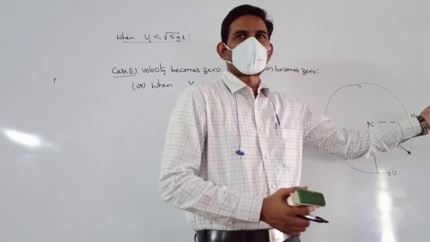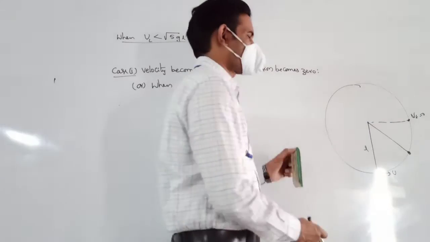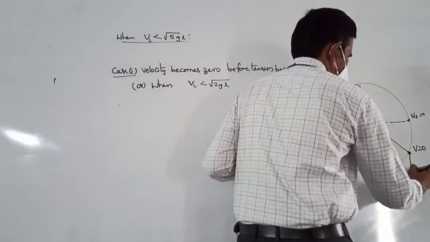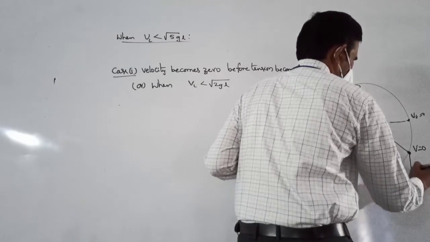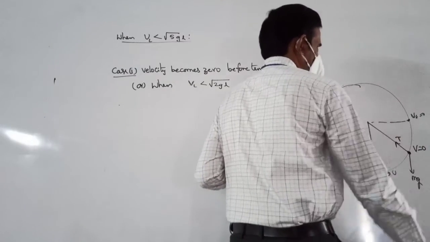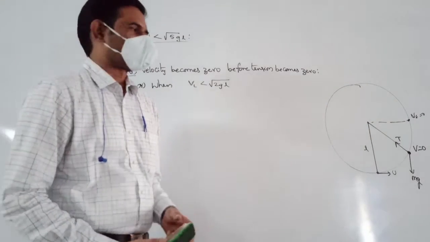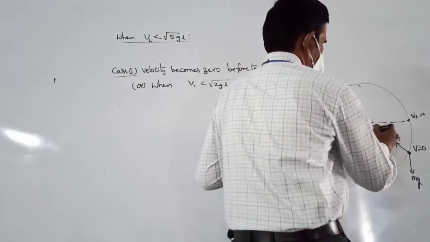But at that point, if I ask about the tension, is the tension zero? No, the tension is not zero. Then what will be the tension at that point? It is mg cos theta. This angle is theta, so this is mg cos theta, and this component will be mg sin theta.